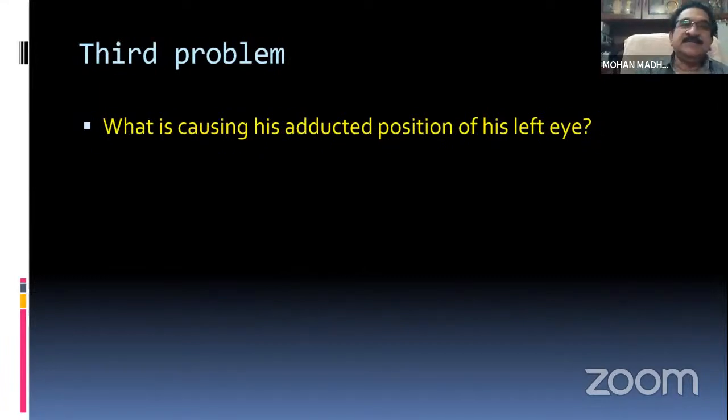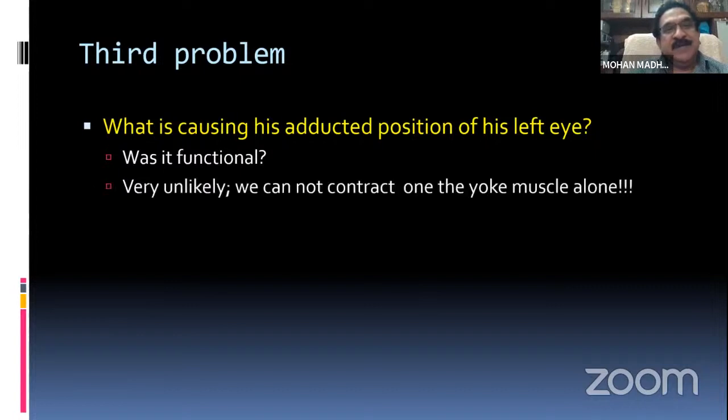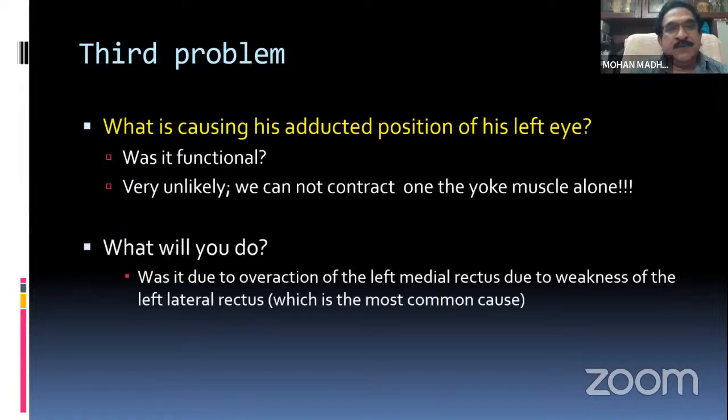The third problem is, what is causing the adducted position in the left eye? Was it again functional? You may think, how can one adduct one eye alone? It's impossible. We cannot adduct one eye alone normally, because very unlikely can we contract one of the yoke muscles alone. So what will you do? Was it due to overaction of the left medial rectus? That's the first thing to find out.